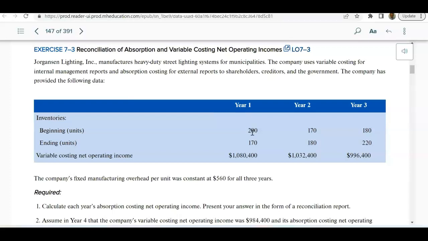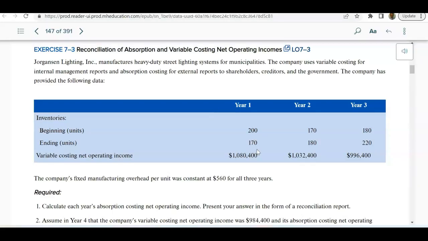In year one, beginning inventory was 200 and ending inventory was 170. The beginning was 200 and ending was 170. That means they produced less and they sold more. Why did they sell more?